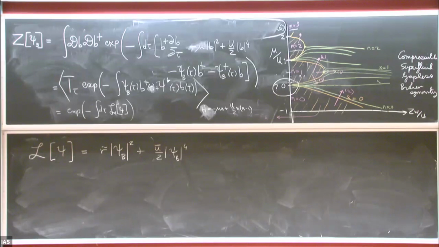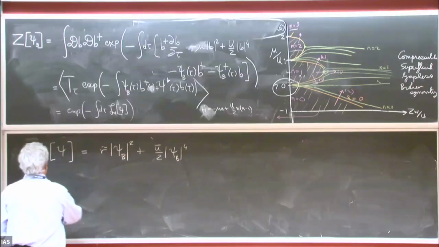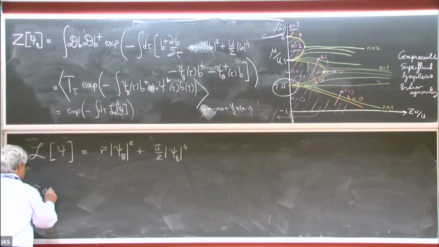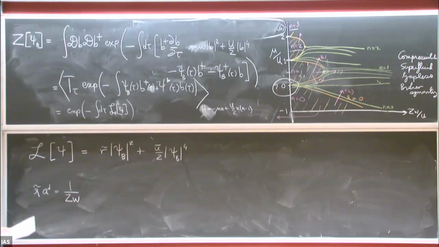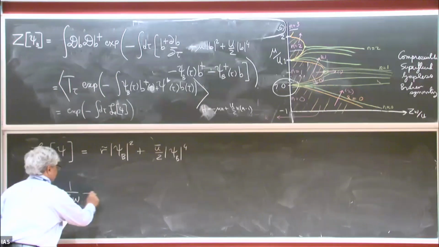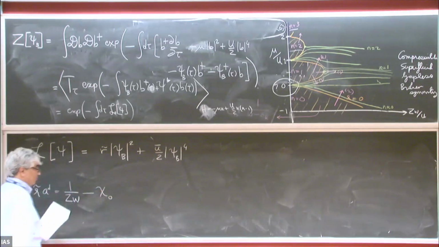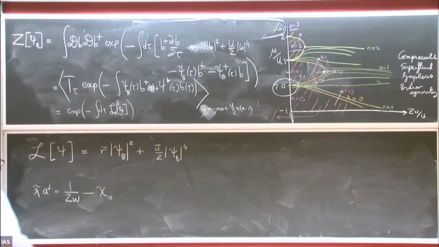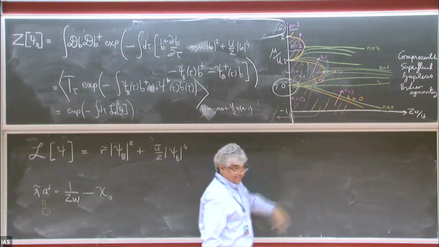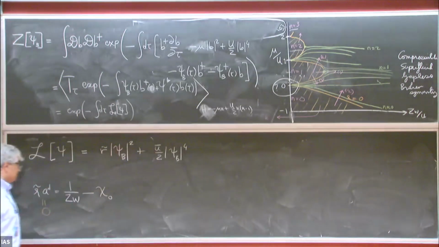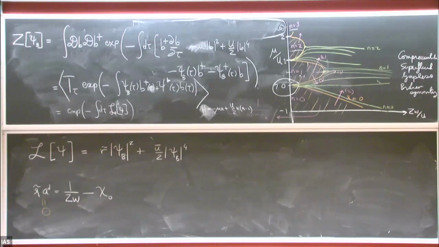A is the lattice spacing, and it turns out to be 1 over ZW, which comes from the inverse of the W in the Hubbard-Sachdev transformation, plus the same term I had before. Everything has been done so that the equation R tilde equal to 0 gives exactly the orange lines here again. So this mass term for the condensate vanishes on those orange lines.